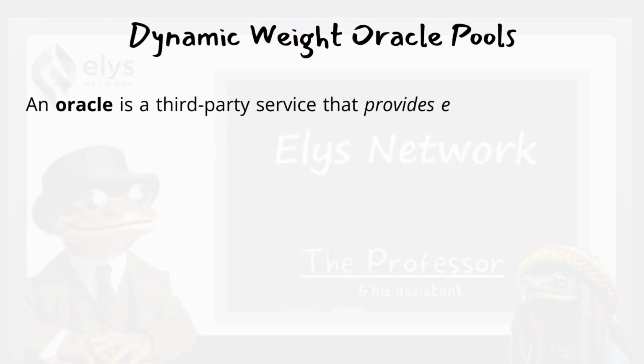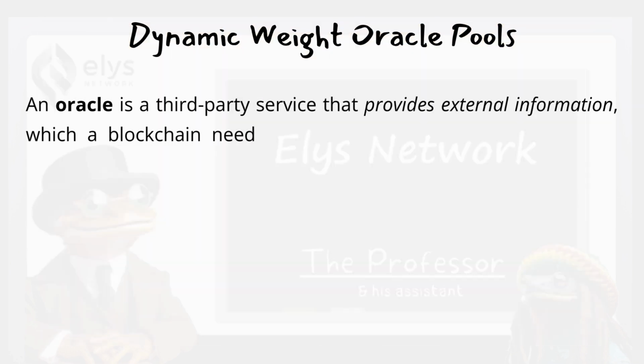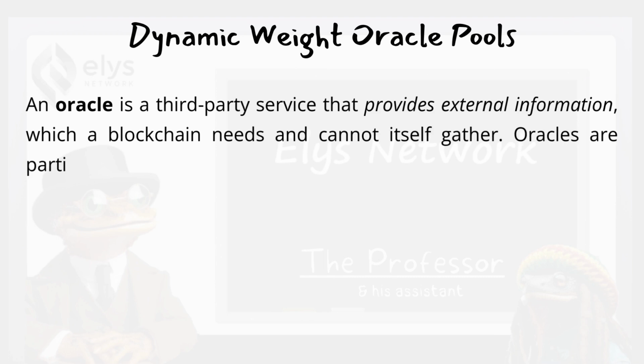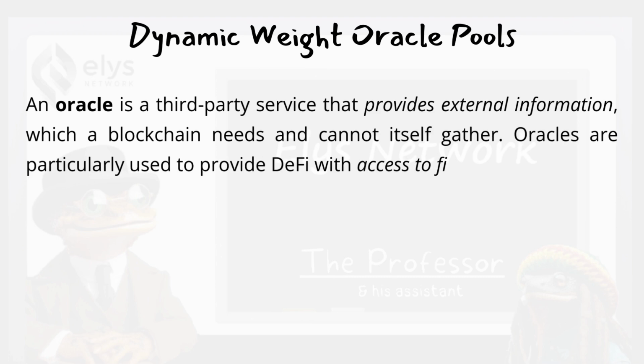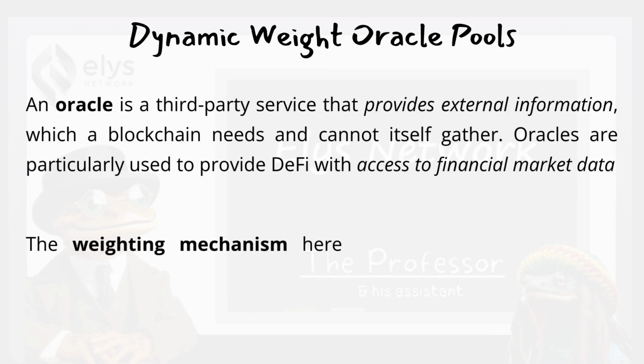Firstly, an oracle is a third-party service that provides external information, which a blockchain needs and cannot itself gather. Oracles are particularly used to provide DeFi with access to financial market data. Next, the weighting mechanism is the process that tends to regulate a pool's balance.